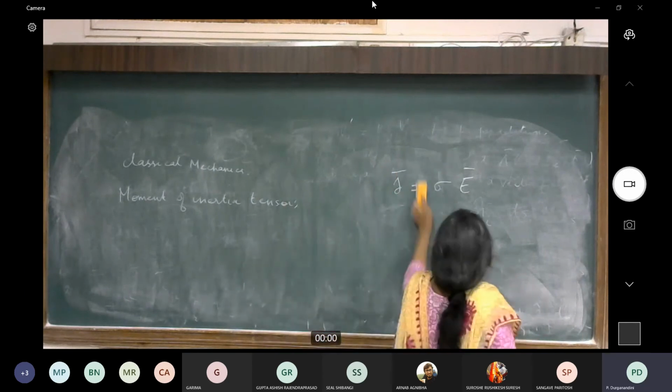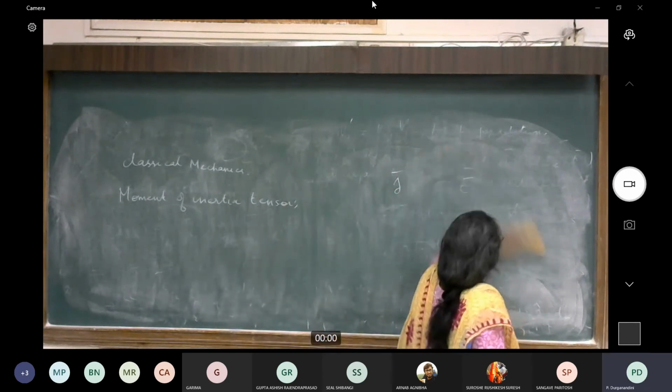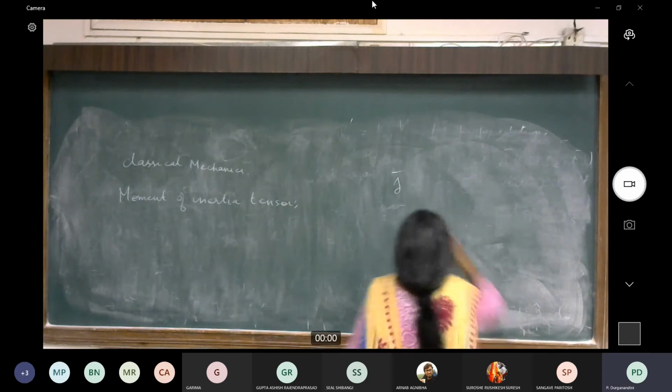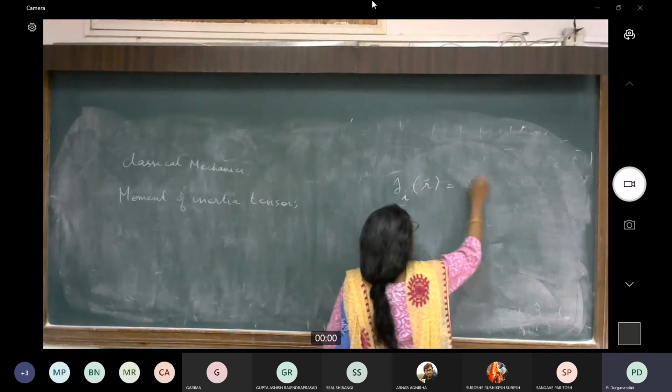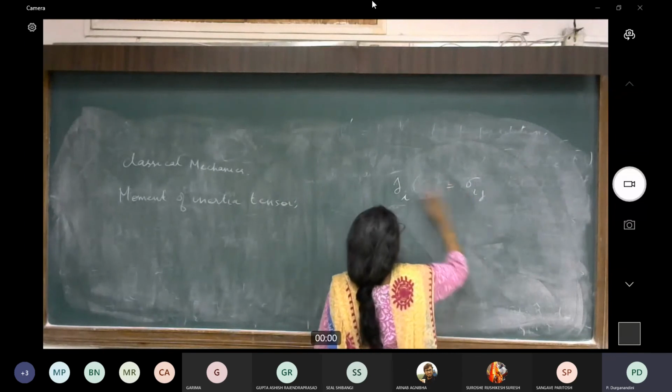More generally, my current density can be written like this. I forget the R dependence for the minute, so let me just take it as sigma.